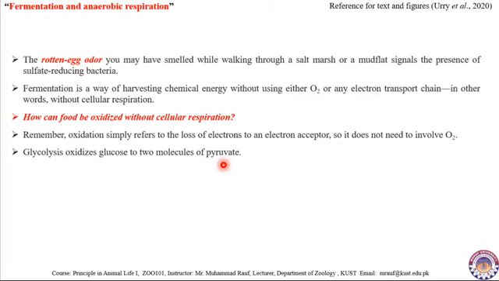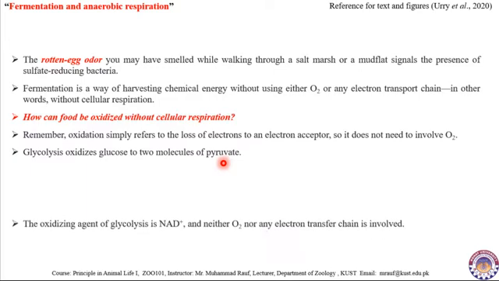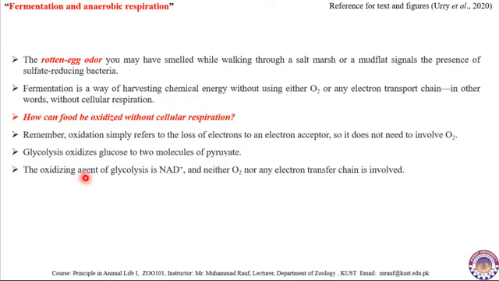It means they can still provide energy. The oxidizing agent of glycolysis is NAD, and neither oxygen nor any electron transport chain is involved. In those organisms the process of glycolysis goes on, which doesn't require oxygen.